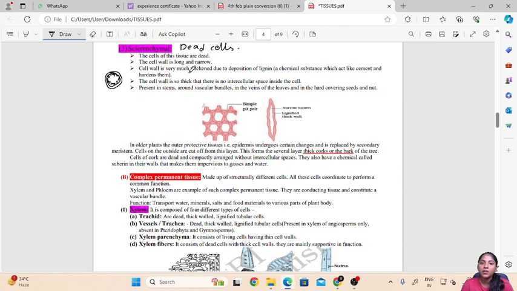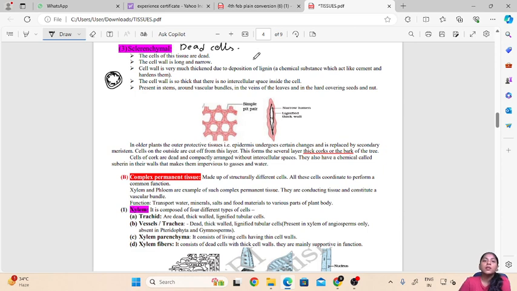Then the cell wall is very much thickened due to deposition of lignin. The cell wall is so thick that there is no intercellular space inside the cells. As we can see, due to the thickening, there is very little space left inside the cell.